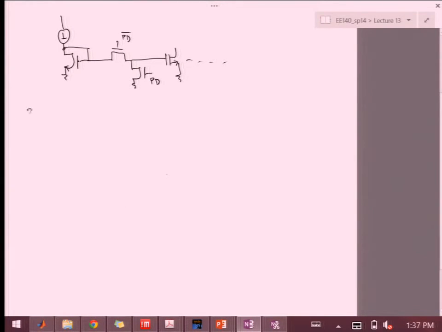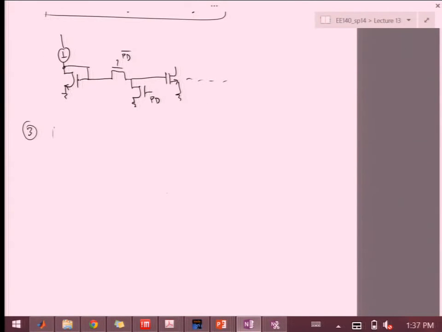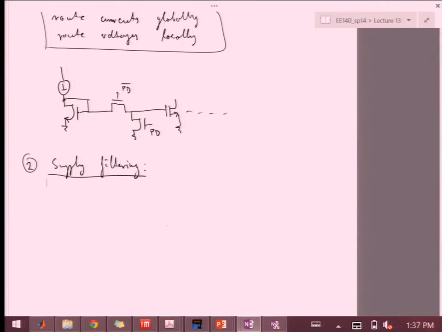Now, you also want to do supply filtering. If you have this directly connected to VDD, and for example, any source here would have its own R out, right? In the simplest case, I can replace this current source with just a resistor over here.